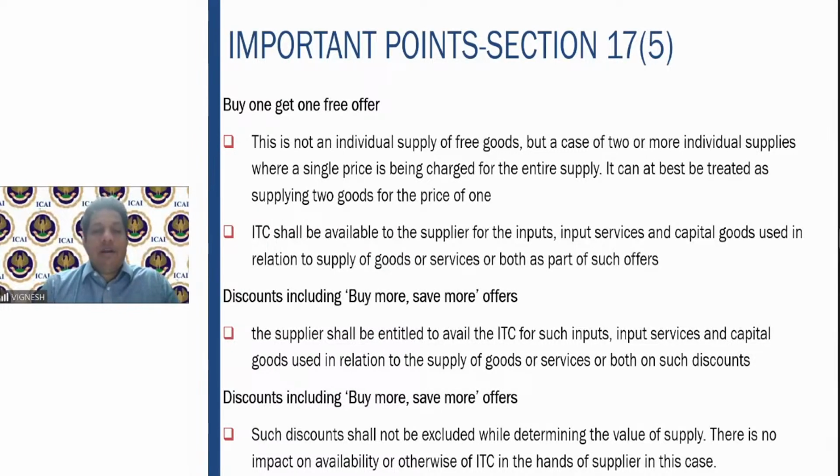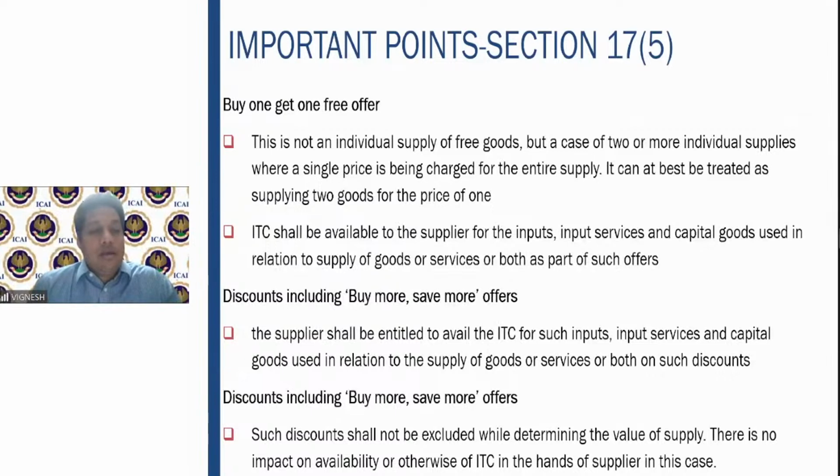So ITC will be available to the supplier for the inputs, input services and capital goods used in relation to supply of such goods. So even though you are getting buy one get one free, there is no question of disallowance of input tax credit. You can at the most say the 2 products are given at the price of 1.